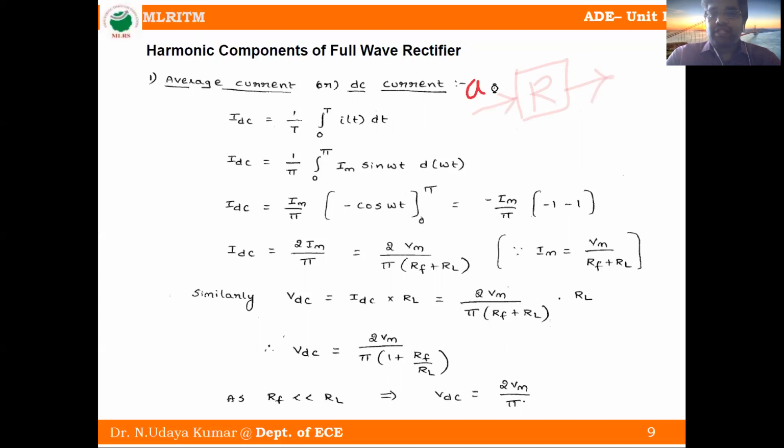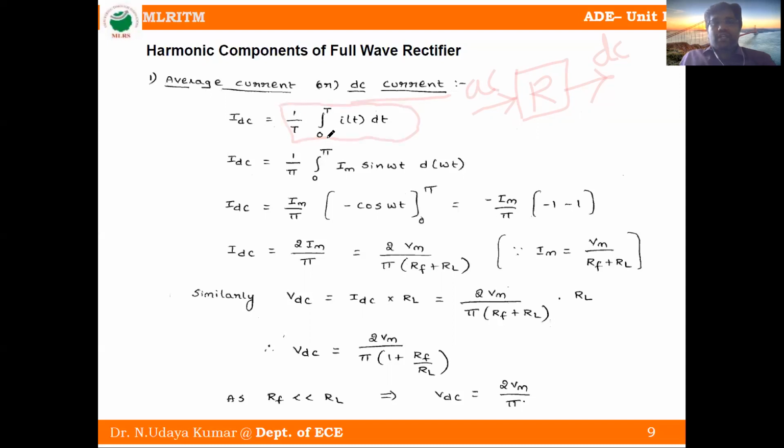Input is AC, output is DC. So we are calculating the DC current at the output. This is the formula: IDC is equal to 1 by T times the integral from 0 to T of I of t dt.